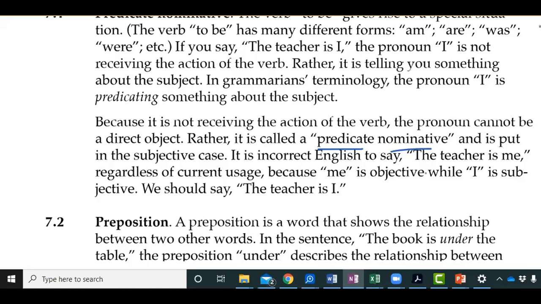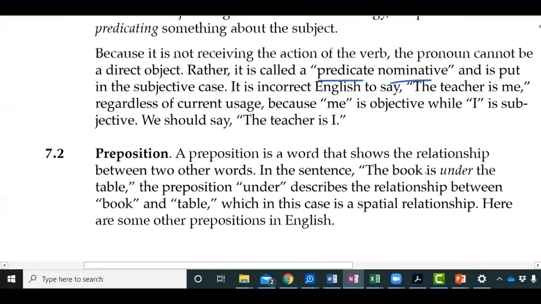And so he gives you this little example as a good grammar teacher would, and wants to make sure that you all know that you cannot say the teacher is me, okay? Because the word me is objective case. But when we say the teacher is something or someone, in English, that's supposed to be the subjective case, and you're supposed to say the teacher is I. Now, how many of you say that when you knock on the door?